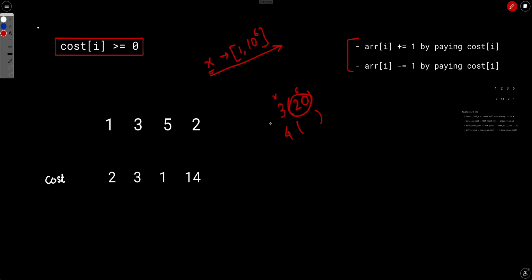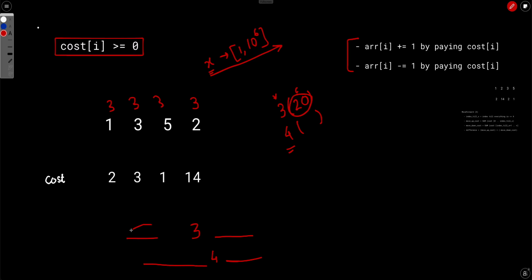So let's see. You make everything here 3, right? So everything here is now 3, and you have paid 20 units of cost. Now you have to make everything 4. So what will change? There are some elements which are less than 3, and there are some elements which are greater than 3. Now if you are making everything 4, what happens?